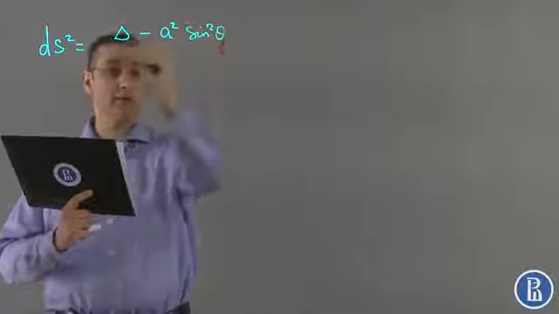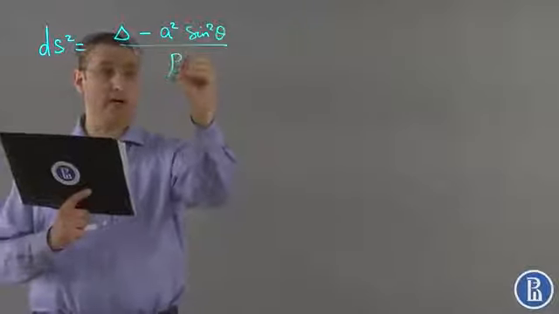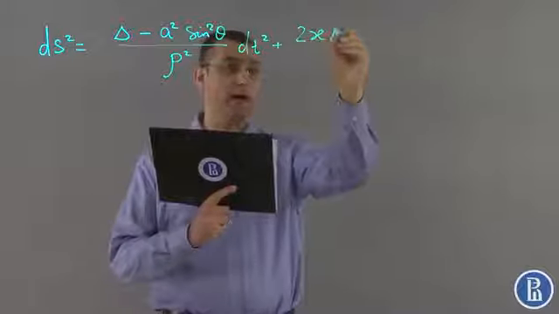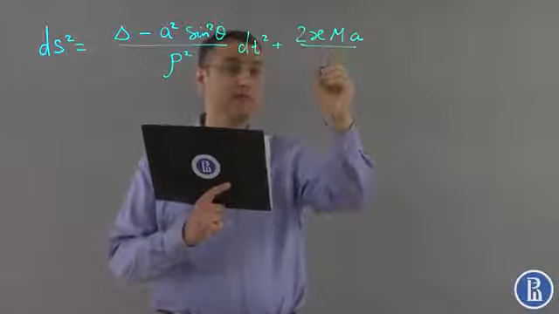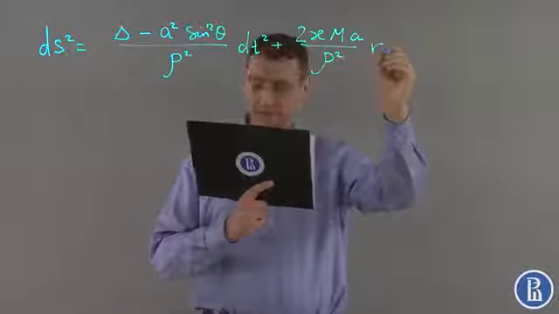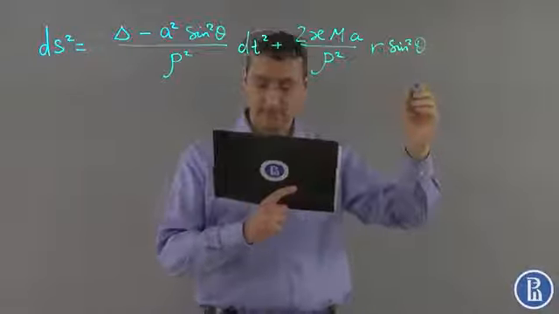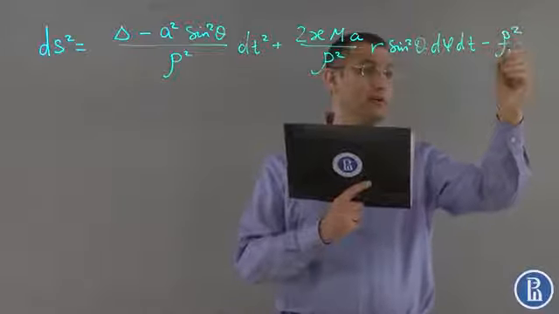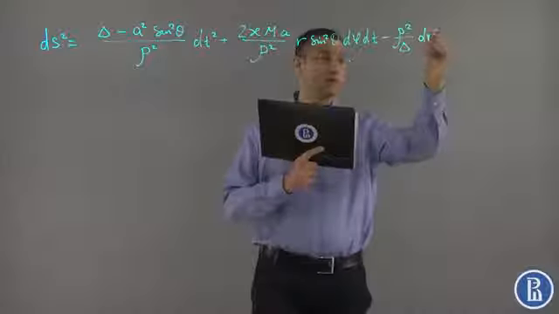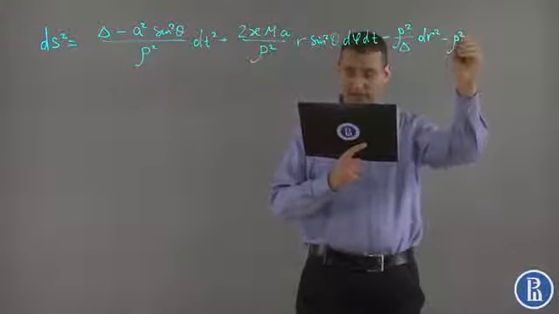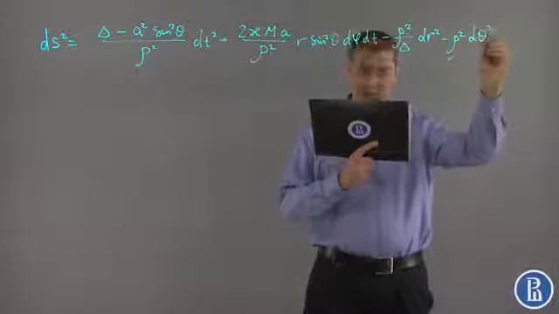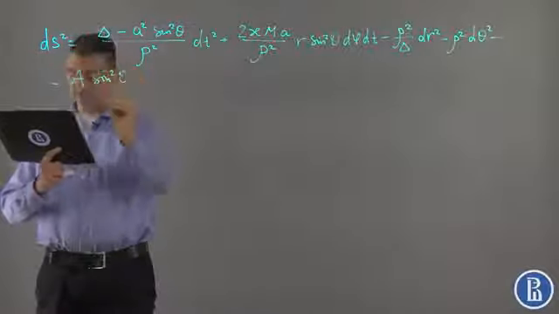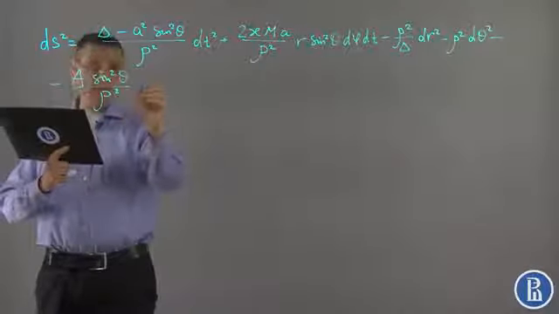Sine squared divided by rho squared dt squared plus 2 kappa m times a divided by rho squared r sine squared theta d phi dt minus rho squared divided by delta dr squared minus rho squared d theta squared, and finally minus a sine squared theta over rho squared d phi squared.